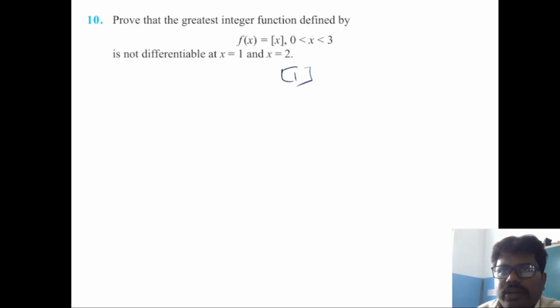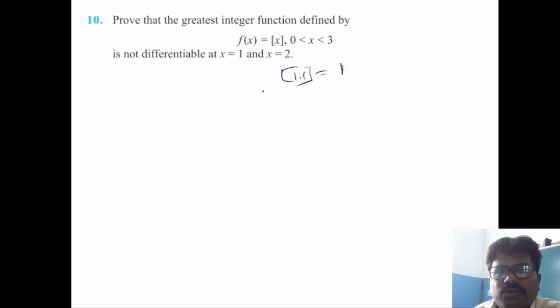So when you are checking the right neighborhood of 1, let it be just like 1.1. So for this greatest integer value, according to the definition, the greatest integer which is less than 1.1 is 1.